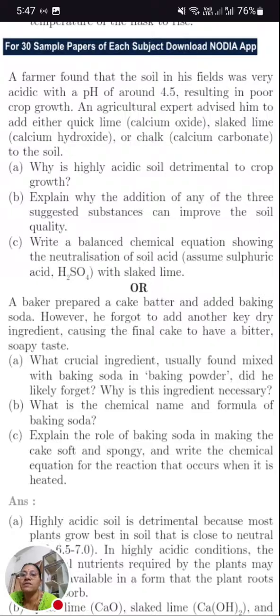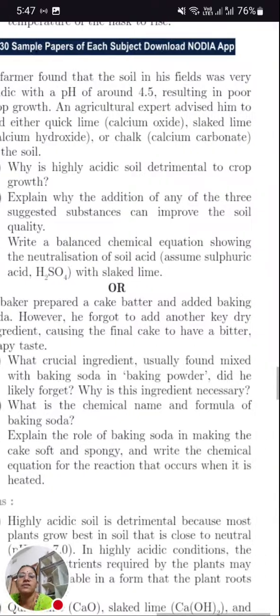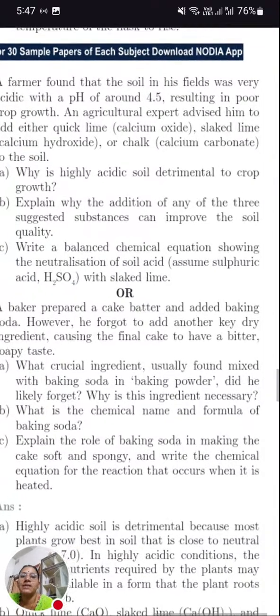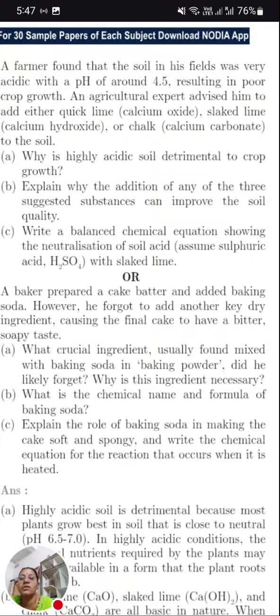All these are bases, as the soil is acidic. If a base is added, acid plus base, there will be a neutralization reaction and they become neutral. Why is highly acidic soil detrimental to crop growth? Why is it not suitable for crop growth?